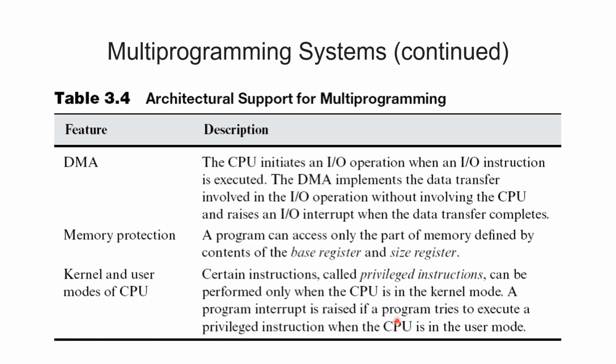The kernel requires resources like the CPU and IO devices. Only when the CPU is in kernel mode can we use these special instructions. Otherwise the CPU cannot use them. So these are the features of multiprogramming systems.